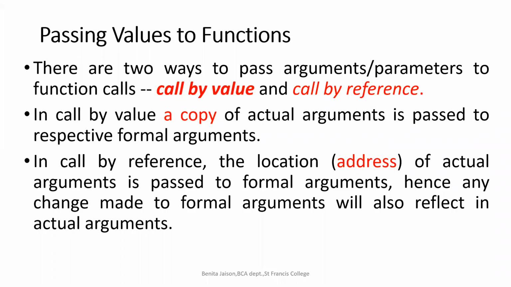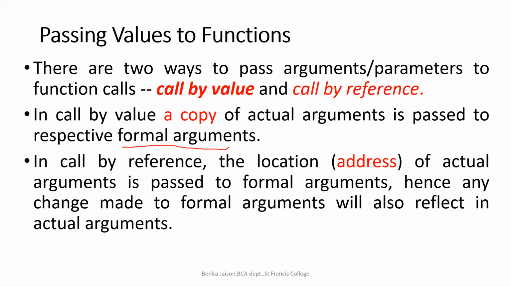And the arguments which are accepted in the function definition are known as the formal arguments, which we studied already. So in call by value, what we are doing is we will make a duplicate copy of the arguments, and it is passed as the formal arguments.